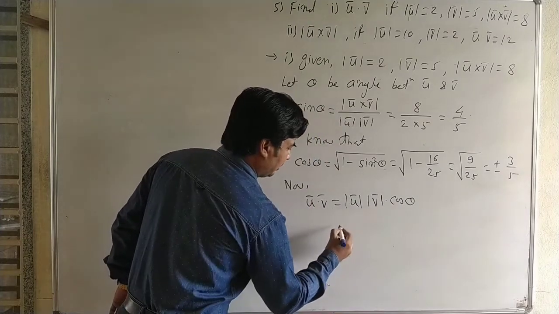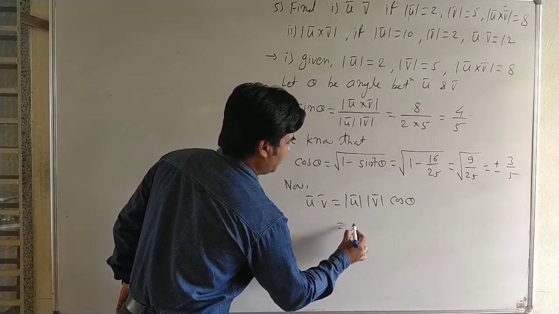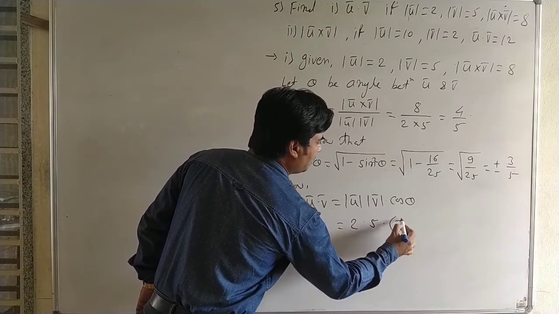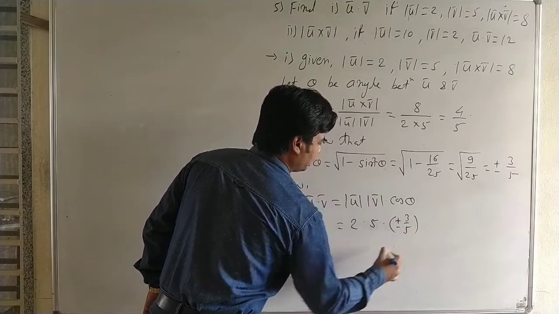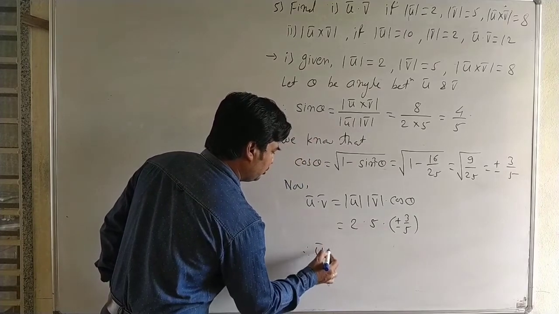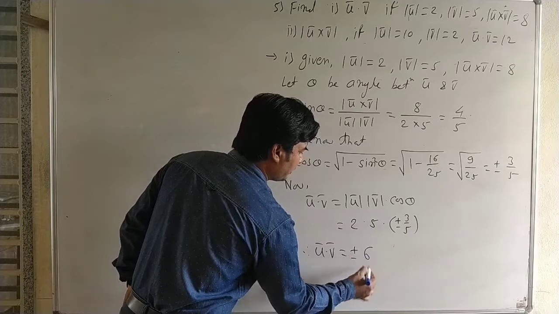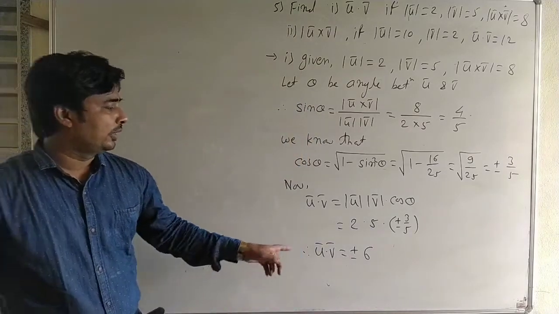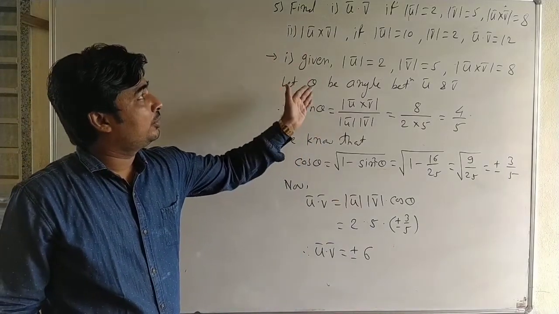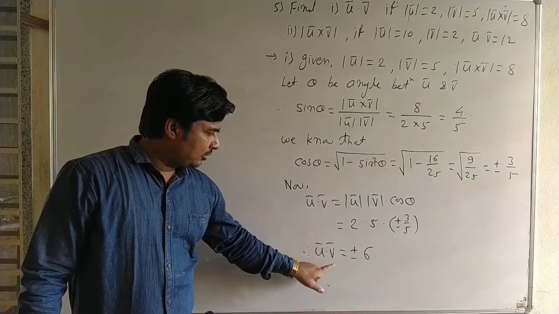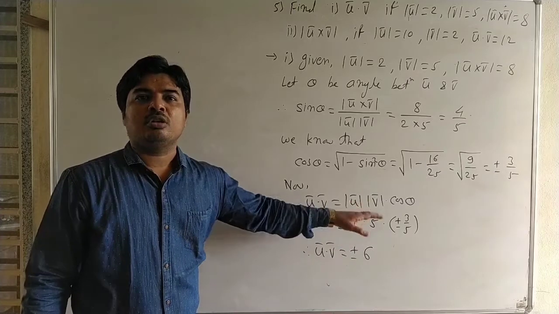And then put all the values: magnitude of u bar is 2, into 5, into plus or minus 3 by 5. Therefore u bar dot phi bar, 5 gets cancelled, is plus or minus 6. That is the dot product of two vectors, when the magnitude of u bar, magnitude of phi bar, and the magnitude of the cross product are given. U bar dot phi bar is equal to plus 6 or minus 6.